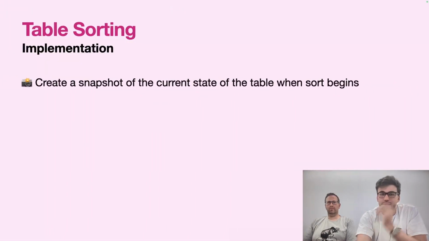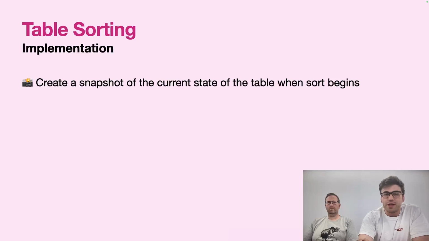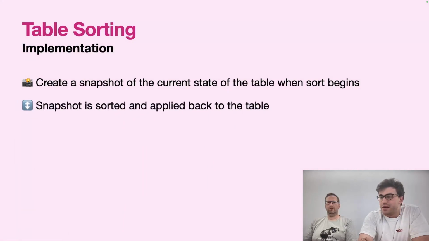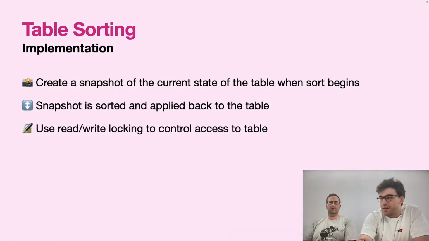So on to the actual solution. We created a custom implementation of a row sorter, which takes a snapshot of the data to be sorted and pulls it into memory. We then sort it and apply the calculated indices to the table view and use read-write locking to control access to the table.